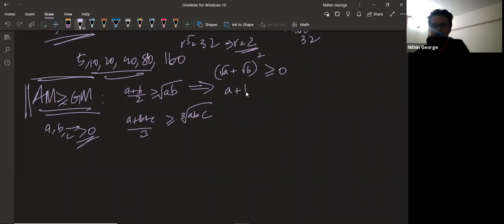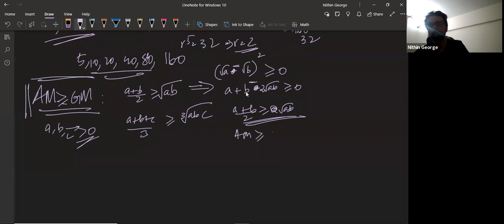Root A square, which is A, root B square, which is B, minus 2 root AB will be greater than or equal to 0. Okay, so rearranging, you will directly get this. A plus B greater than or equal to 2 root AB. So you divide this by 2, you get this. AM greater than or equal to GM. Clear?